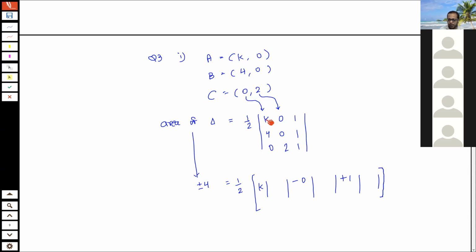So Harsh, in this position of k, if I ignore column row, so which 4 numbers will come? Zero, 1, 2, 1. Okay, Ansh, in this position of 0, if I ignore column row, then which 4 numbers will come?